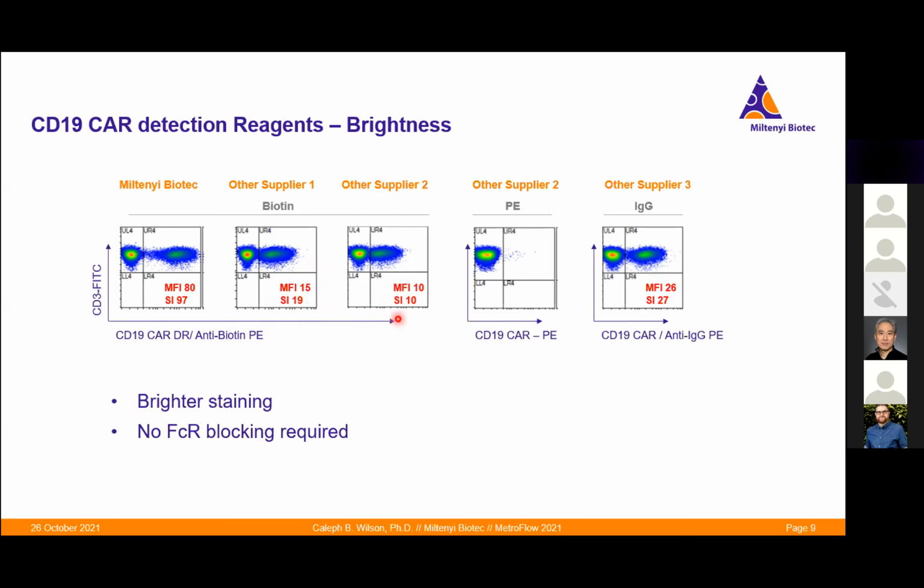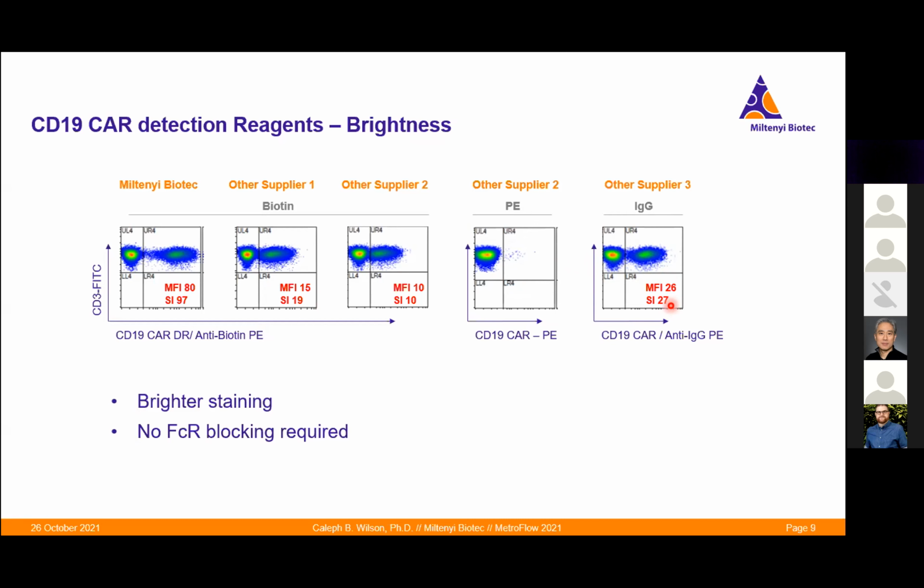Now, if we take a look at some direct staining, or staining for Fc receptor, what we see is that this particular CAR DR actually doesn't work that well. So it doesn't stain well. And then supplier number 3, their MFI and stain index is still a lot lower than the Miltenyi product. So in short, our product is giving you a more robust signal, a nice clear signal.